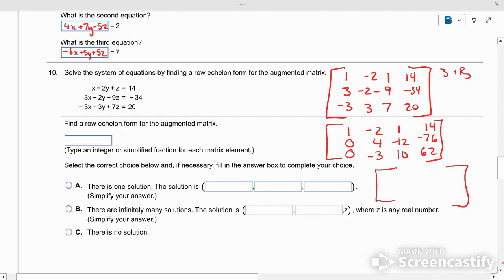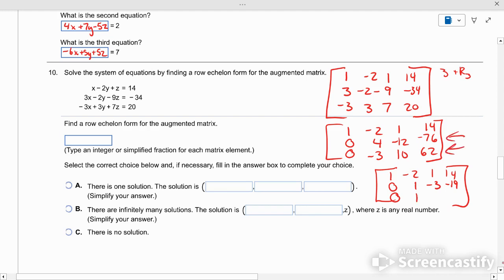Okay, next matrix. 1, negative 2, 1, 14, 0. If I divide everything by 4, I get a 1, negative 3, and negative 19. Okay? And the last row is going to be 0, and I want to get 1 here somehow. Well, if I just add these two, don't I get 1?